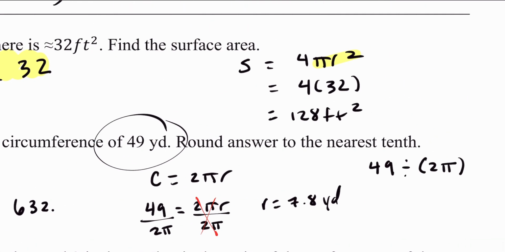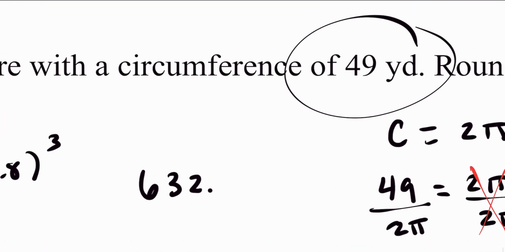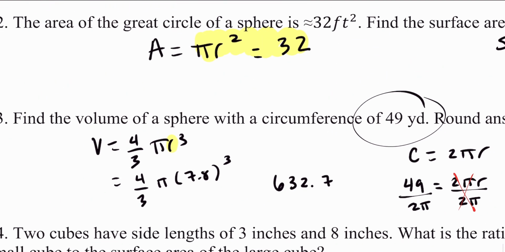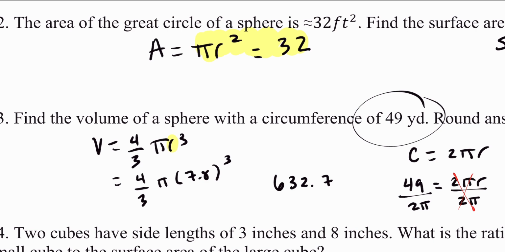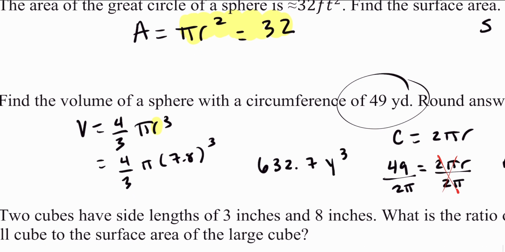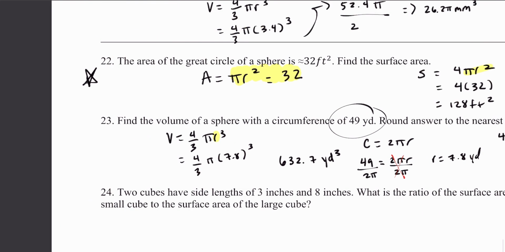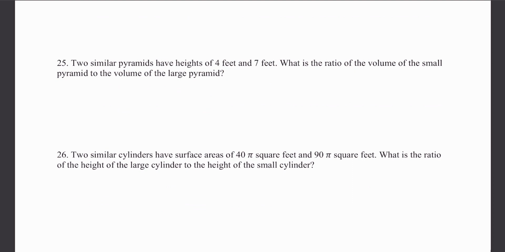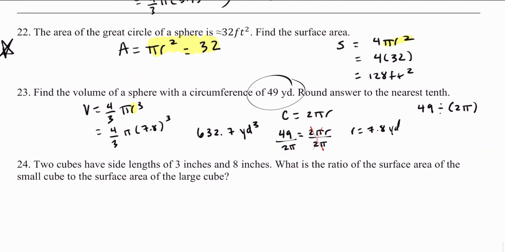My calculator says 632.736, so your answer is 632.7. Volume is the word here, so it's going to be cubic yards. 632.7 cubic yards. We got 3 more problems to go, and this is our answer for number 23.